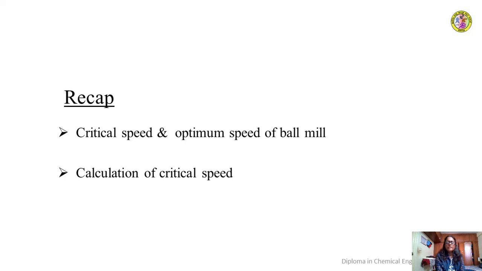In the last session, we understood what is meant by critical speed of the ball mill and how the variation in speed of the mill affects the performance, that is, how it changes or influences the action taking place inside the ball mill. We also learned how to calculate the critical speed of the ball mill, which in turn helps us estimate the operating speed of the mill for a given size reduction duty.